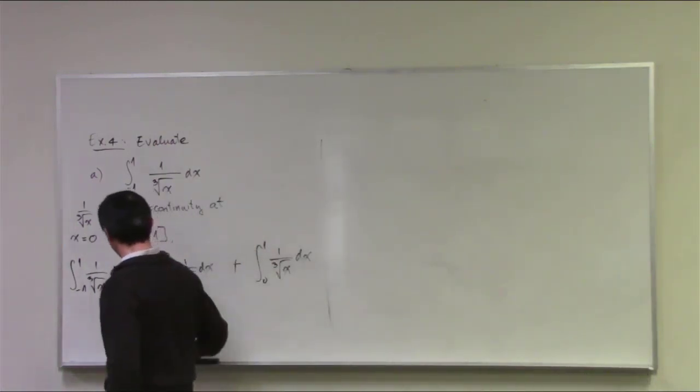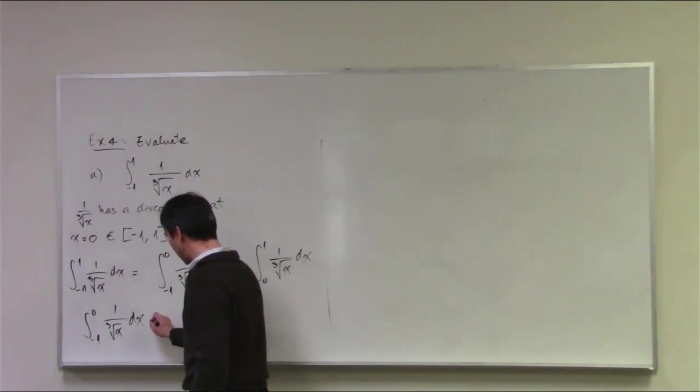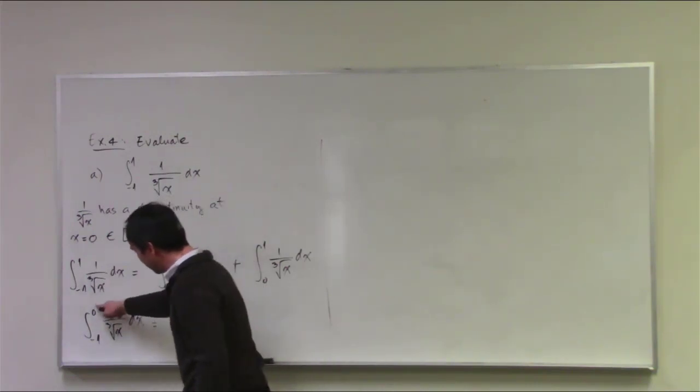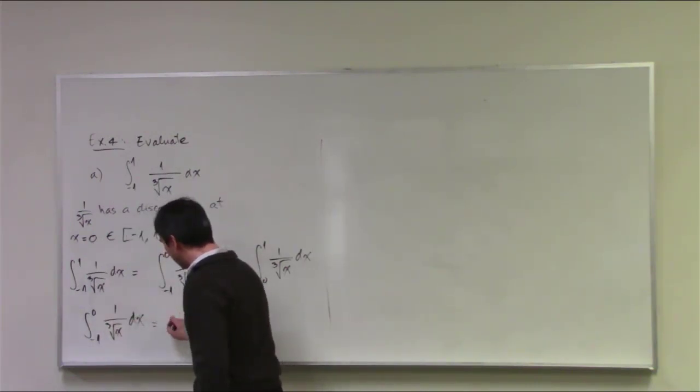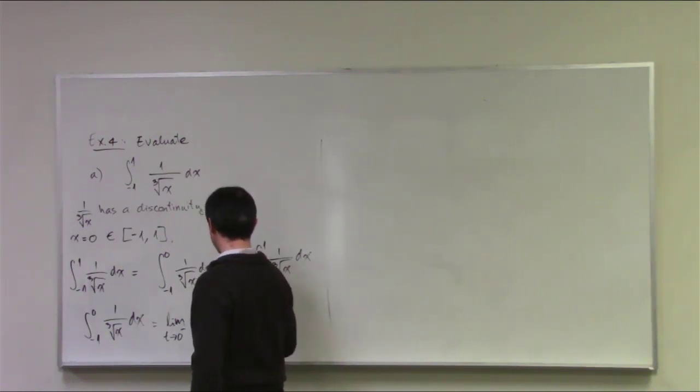For the first one, we're going to consider it individually, minus 1 to 0. Sort of like extra practice for us here. I don't have to beat around the bush anymore. I'm going to create the limit for t going to 0 from the left-hand side, of the integral from minus 1 to t of 1 over cube root of x dx.